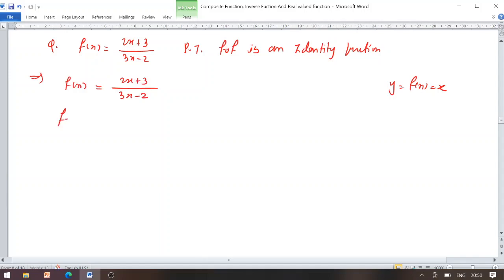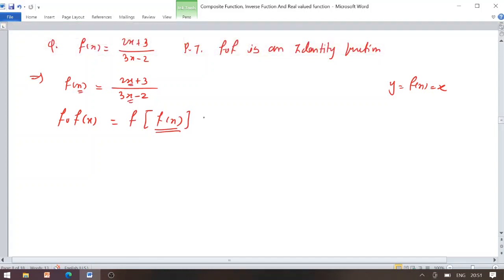So for finding f composition f of x, we can write it as f of f of x. That means ultimately we have to replace all x in the given function f of x by f of x itself. So we get 2 times f of x plus 3 divided by 3 times f of x minus 2.